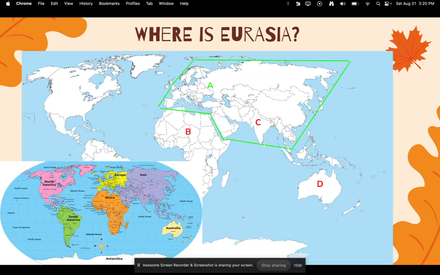When we say we have 7 continents, we have Europe and we have Asia, but look at the map. They're not 2 separate land masses. They are one giant land mass. There's no real thing that divides them in the middle. So that's why we call Europe and Asia Eurasia.